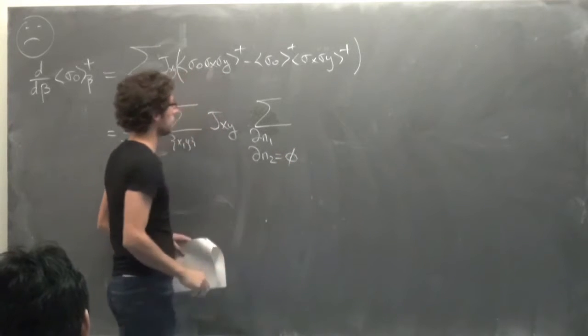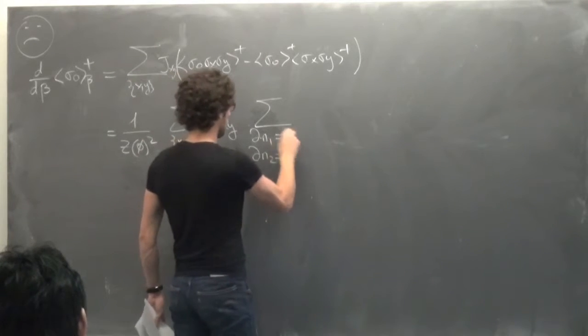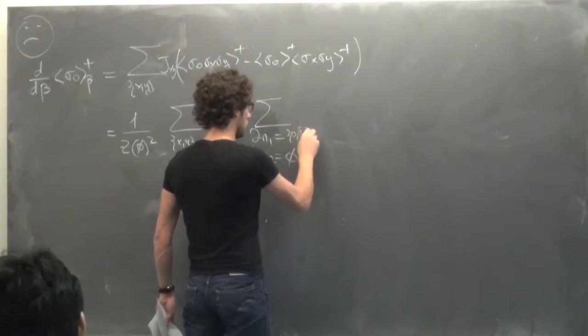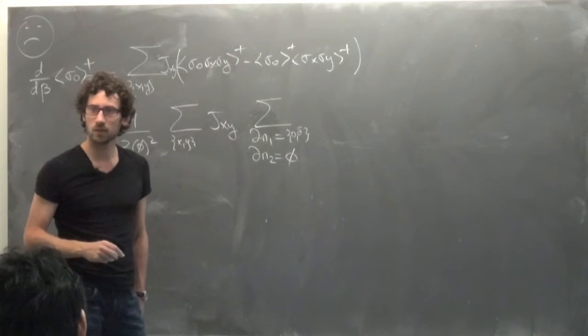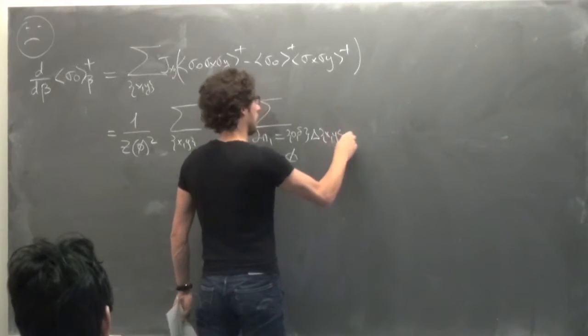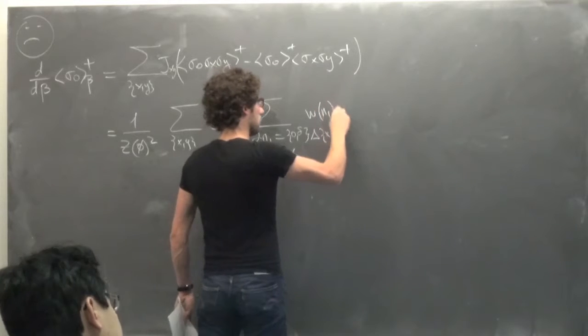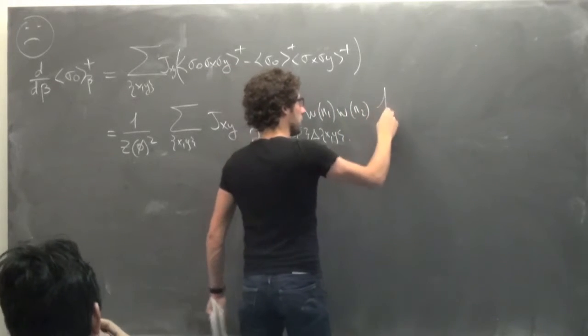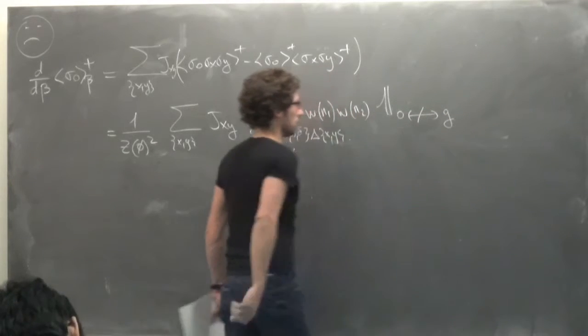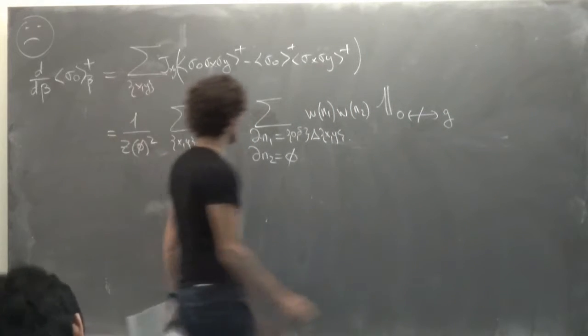The second current will have empty set, and the first one will have sources 0 and the ghost that I called delta last week, symmetric difference with xy, of w of n1, w of n2, and the indicator that 0 is not connected to delta.